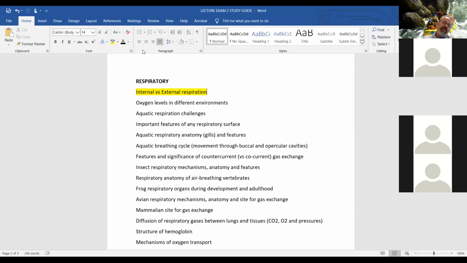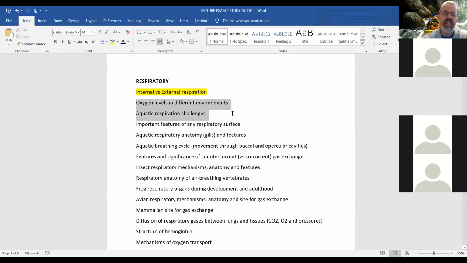In any of those types of conditions where we're away from sea level, you're going to see a tremendous decrease in the amount of oxygen. So in order for animals to survive, they had to evolve specialized ways to extract oxygen from an environment that doesn't have much, right? So you should know the oxygen levels of different environments.